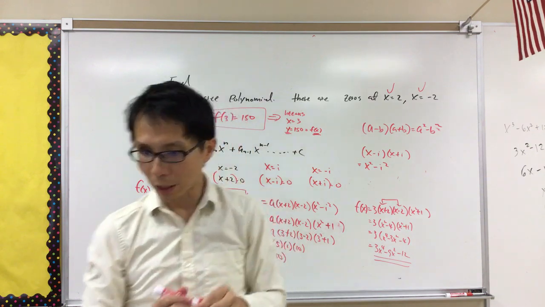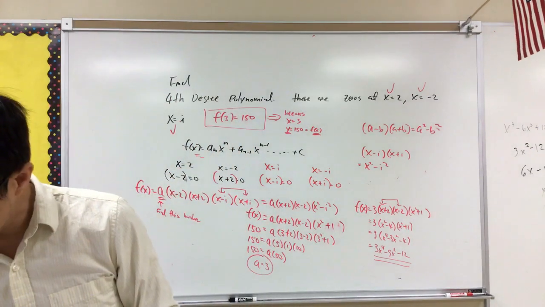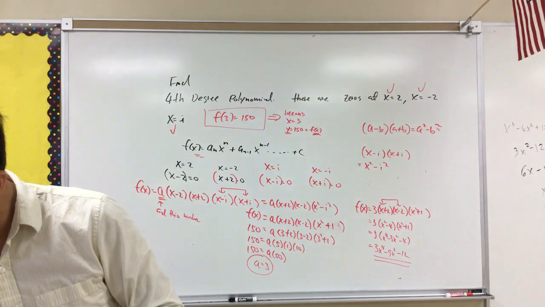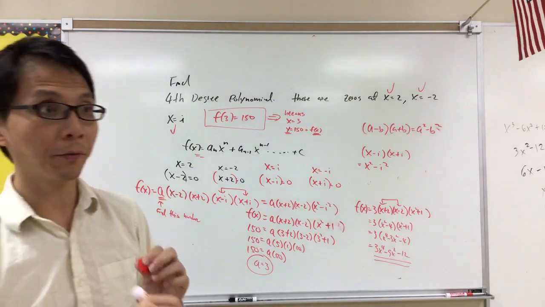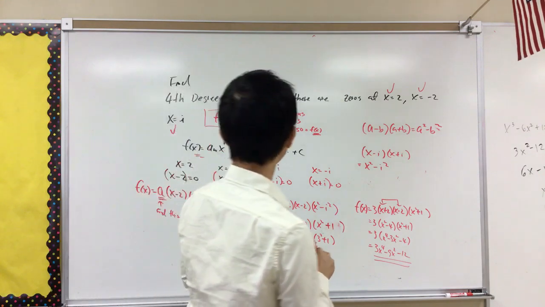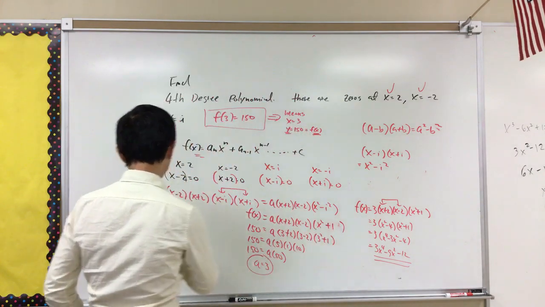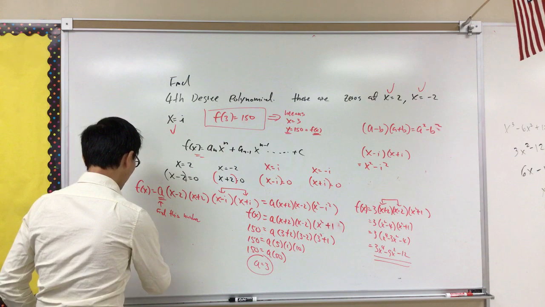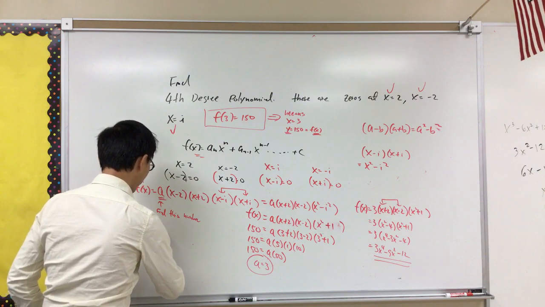So I'm going to give you a question that is a little bit easier than this one. We're going to give you a third degree function, not a fourth degree function. And you want to find it, third degree.